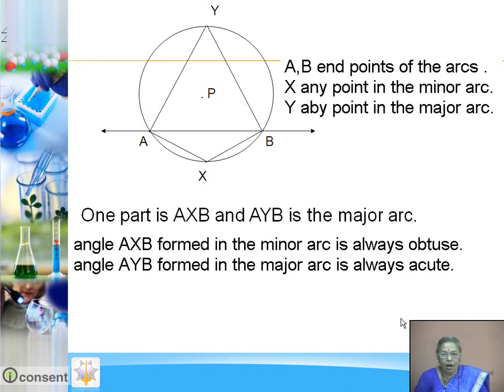This angle is always an obtuse angle, and the angle formed in the major arc is always an acute angle. That is, angle AYB is less than 90 degrees. So, you have measured and verified this property.